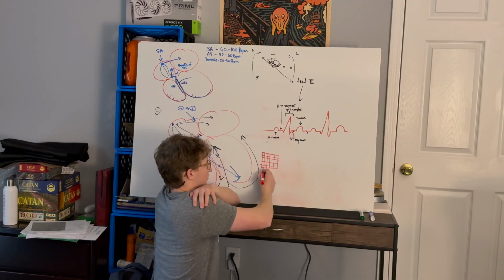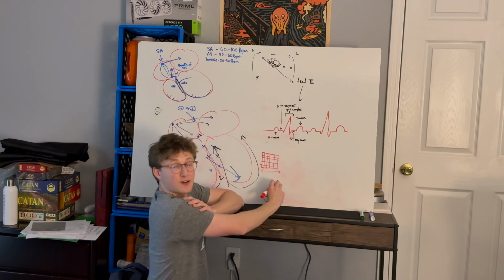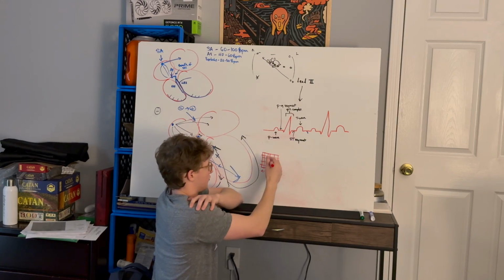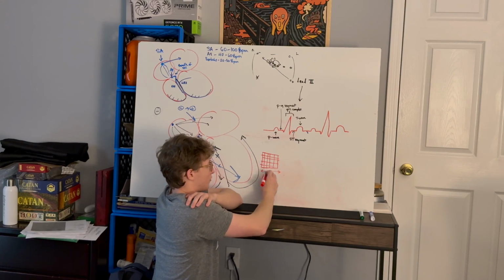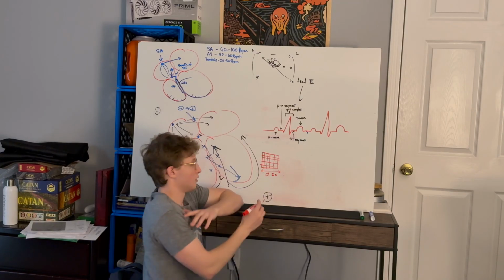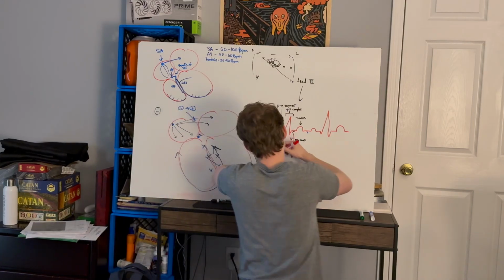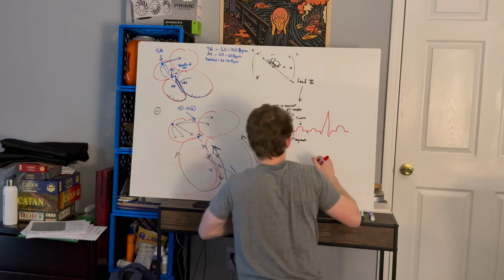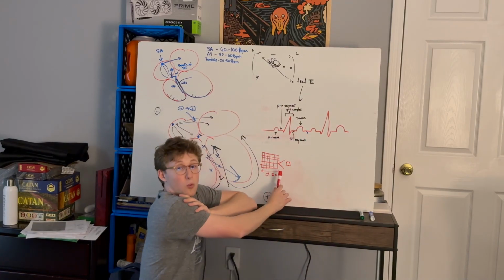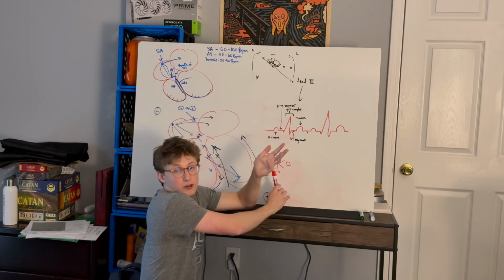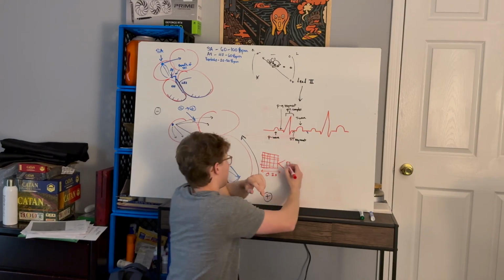So one large box is going to contain 5 small boxes in it, both this way and this way, so 25 total. But one large box represents 0.2 seconds. One small box, there's 5 small boxes in a large box. 0.2 divided by 5, 0.04.